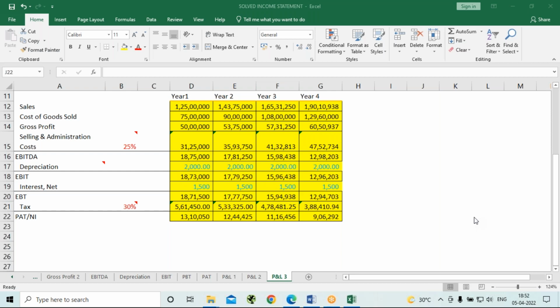So now, as we have completed the income statement part, the next financial statement we are supposed to look into is the balance sheet.